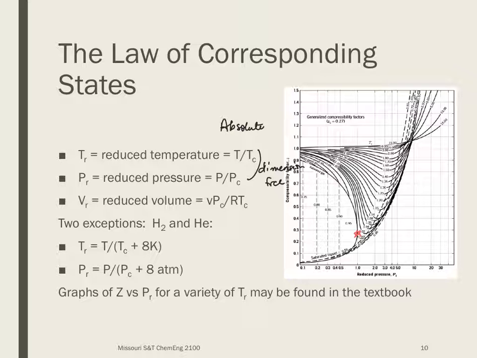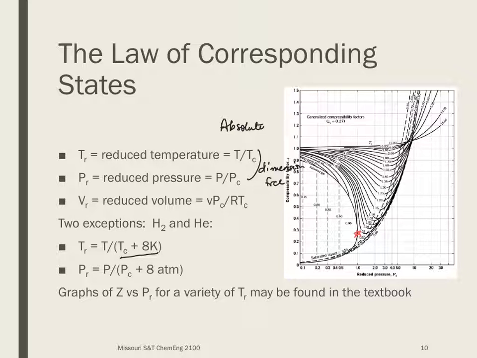For hydrogen and helium, you're always going to correct the temperature and the pressure for the critical by adding 8 Kelvin or 8 atmospheres. So in other words, if you have hydrogen and you wanted to find the reduced temperature at some temperature, you're going to take that temperature and divide by not the critical temperature of hydrogen, but the critical temperature plus 8 Kelvin.